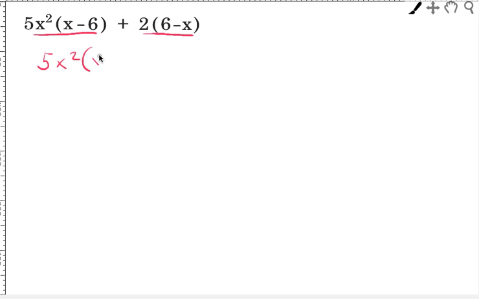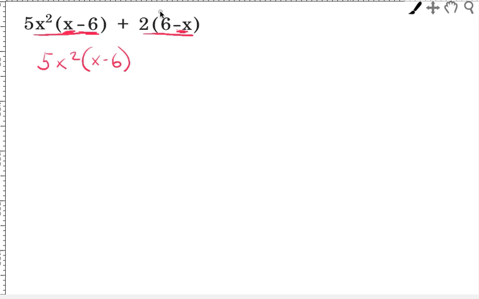I'm going to factor out a -1. And see, what happens when I do that is it changes the values here. The plus 6 will become a minus 6, and the minus x will become a plus x, which is what this is. So by factoring out a -1, I can make this look like this.